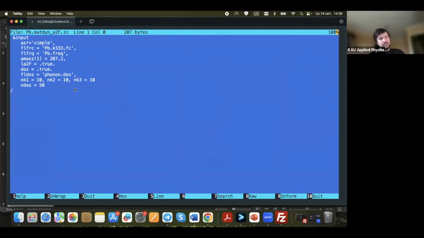Here it is also almost the same as for phonon DOS. You see that if we create the file for phonon DOS, it has this number of dots, but we also have just this additional thing, L to F, A to F, and it will take the files for the spectral function.